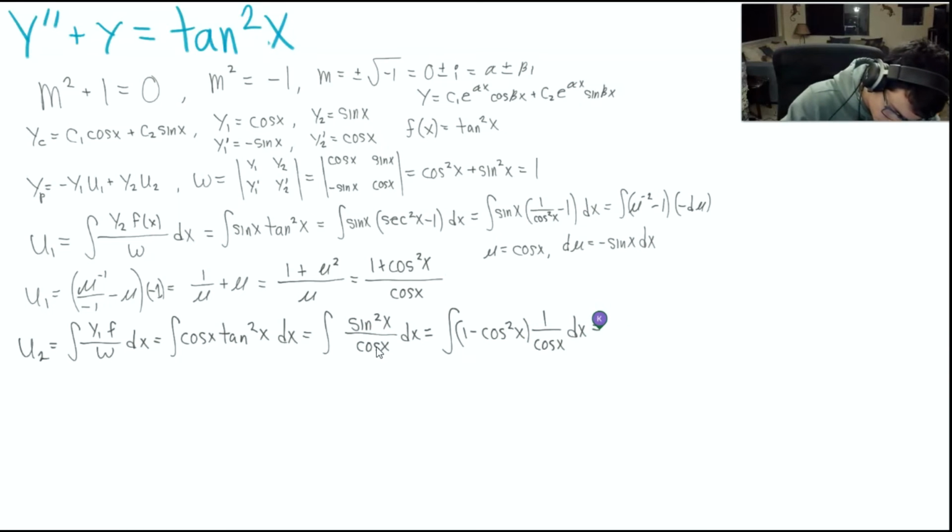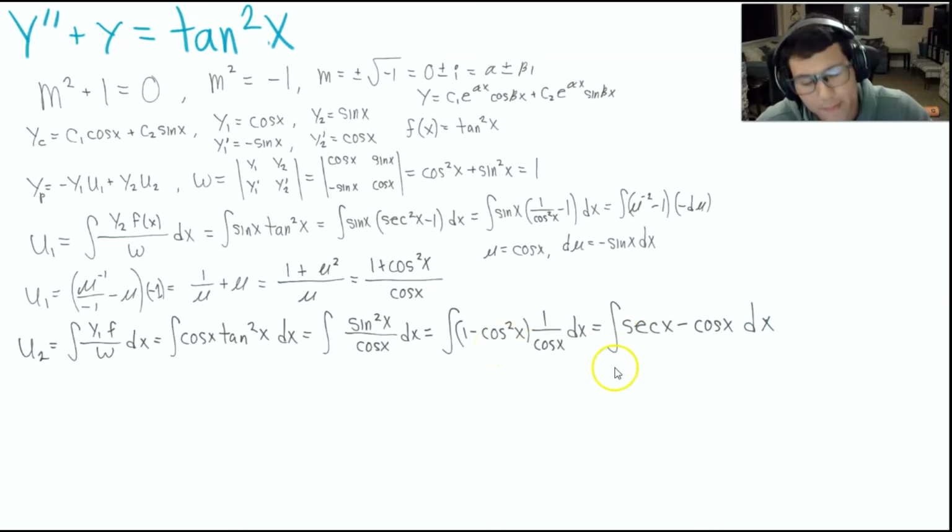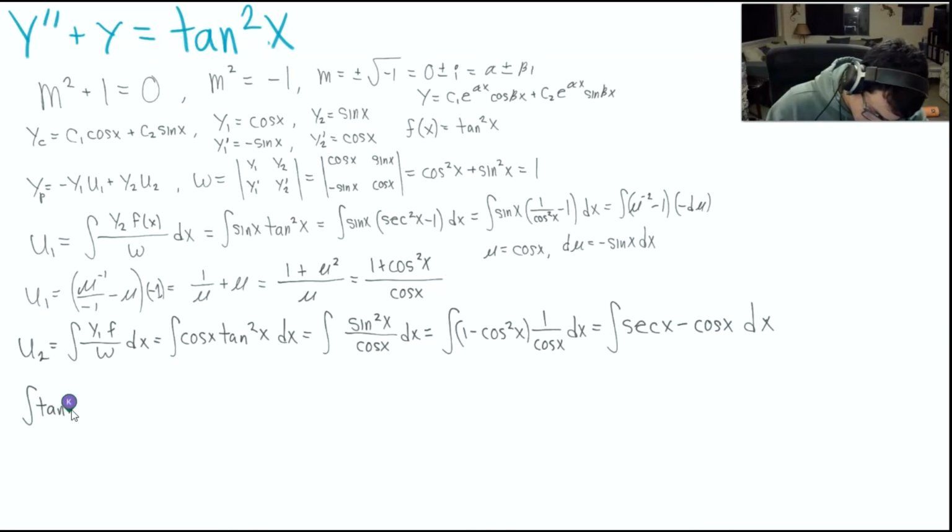So I'm going to rewrite this once again. And okay, so I'm going to put this over here, factored in, so it's just going to become secant x, and this will be minus cosine x dx. And you're like, secant x. Well, I hate to say it, just memorize the integral. Okay, and the way I remembered it was that the integral of tangent x dx is ln secant x.